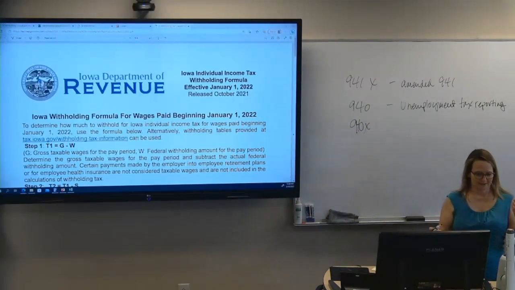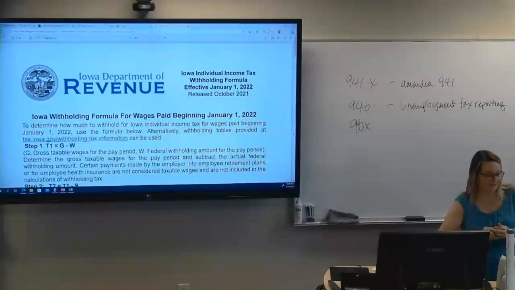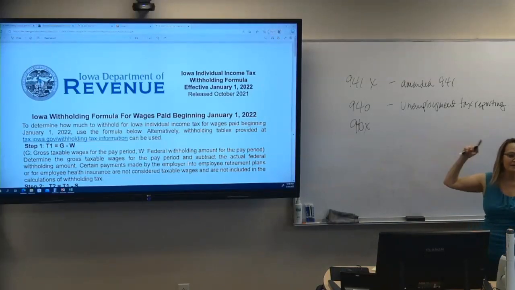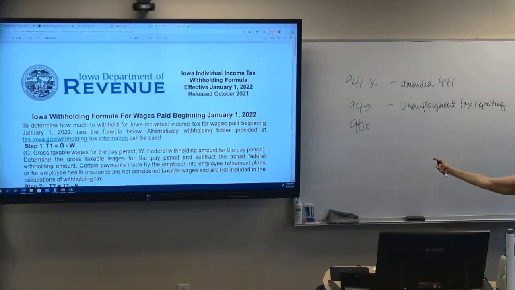So if you made a mistake on a 941 and you have to amend it, and you've already filed the W-2s and the W-3, there's a good chance you're going to have to correct those. If you've already filed the 940, there's a chance you might have to do an amended 940 as well.